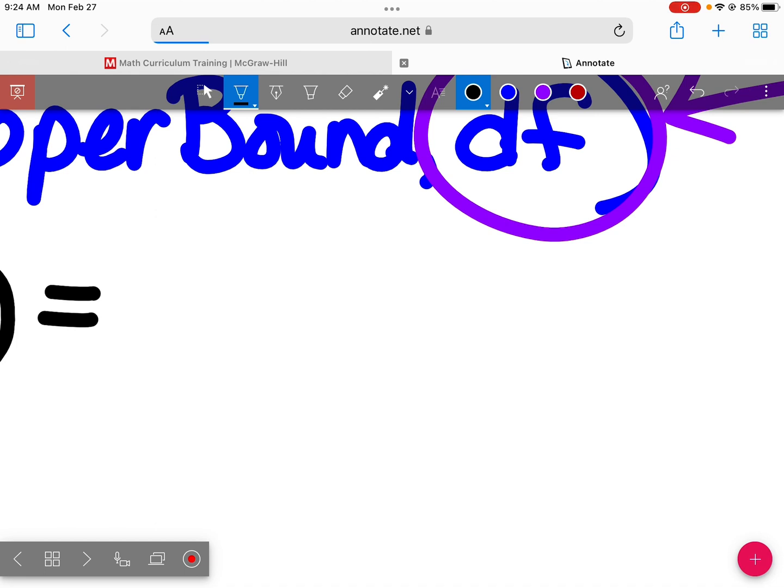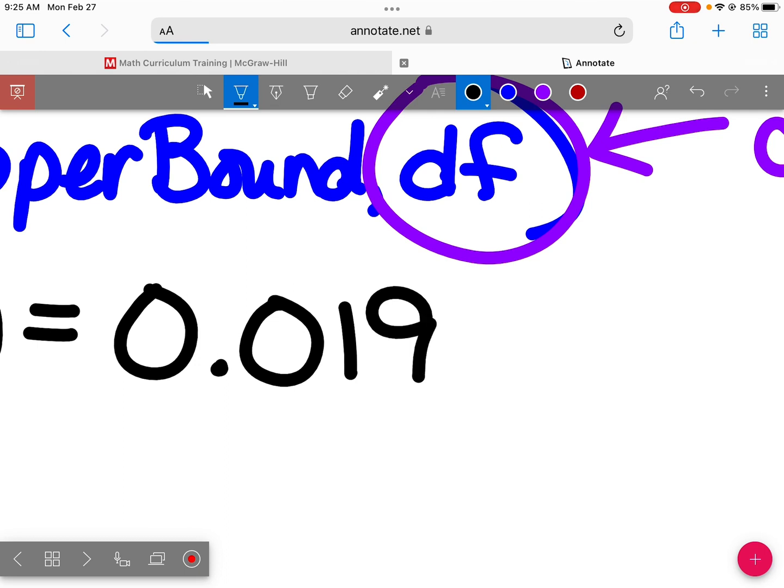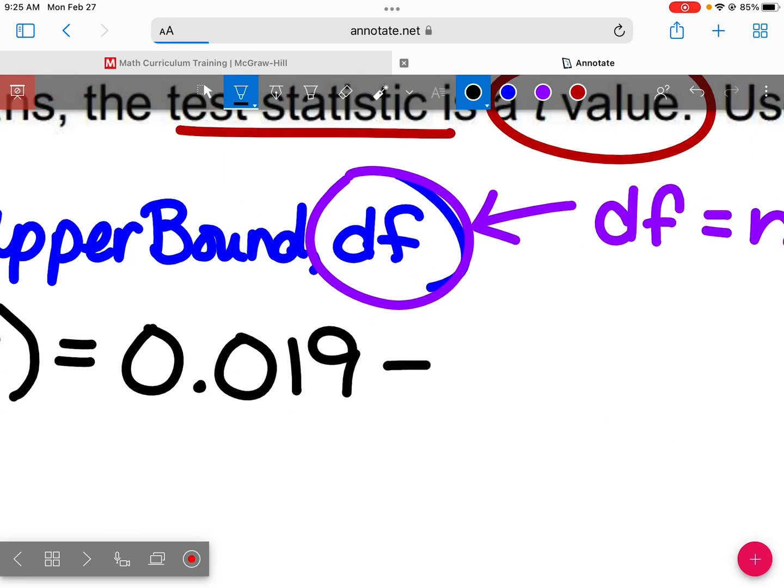What'd you guys get? 0.019. This is our p-value.